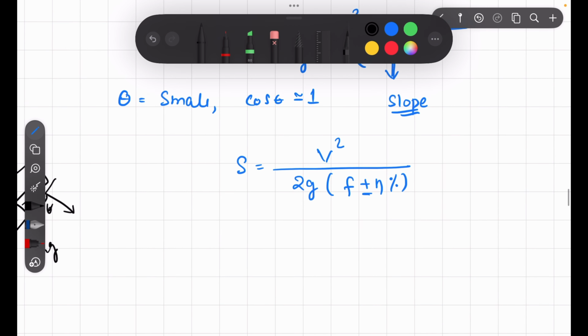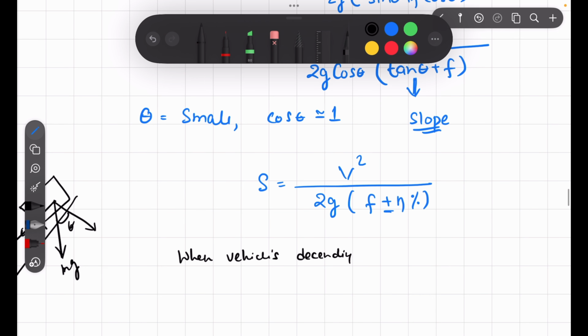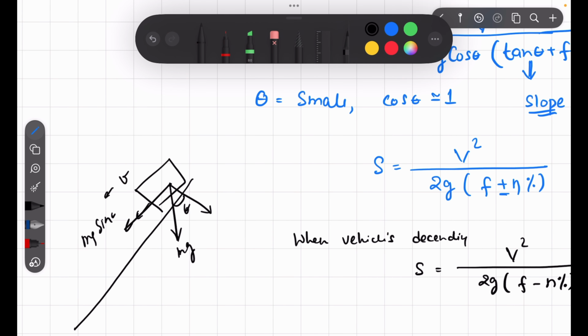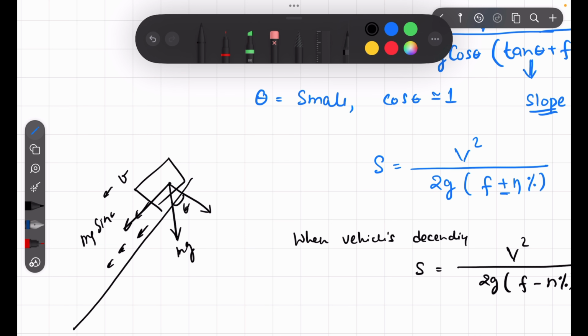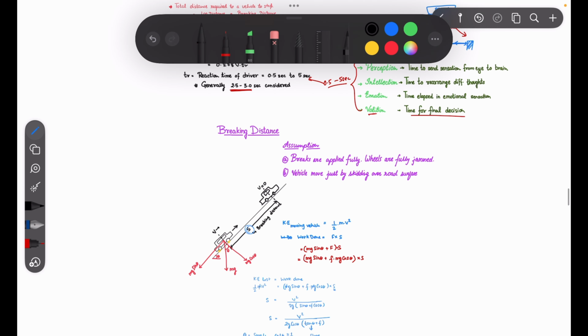So when your vehicle is descending the gradient, your s will be v square by 2g (f minus n), right? When it is going downwards, because the slope is contributing towards the motion of the vehicle, not towards the braking of the vehicle, that is, to stop the vehicle. Okay, so this is the expression for your braking distance.